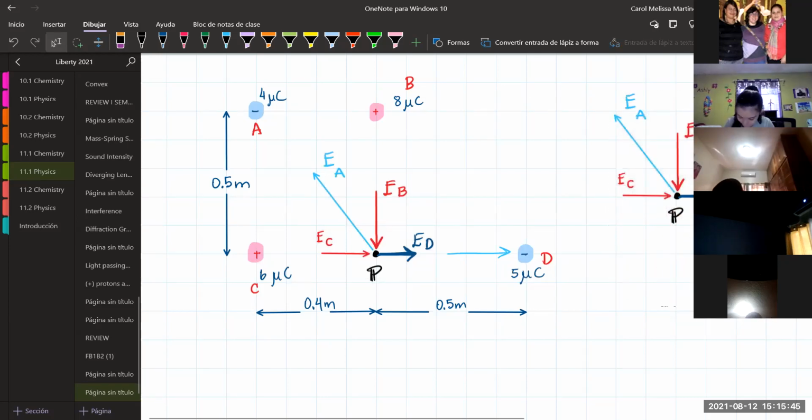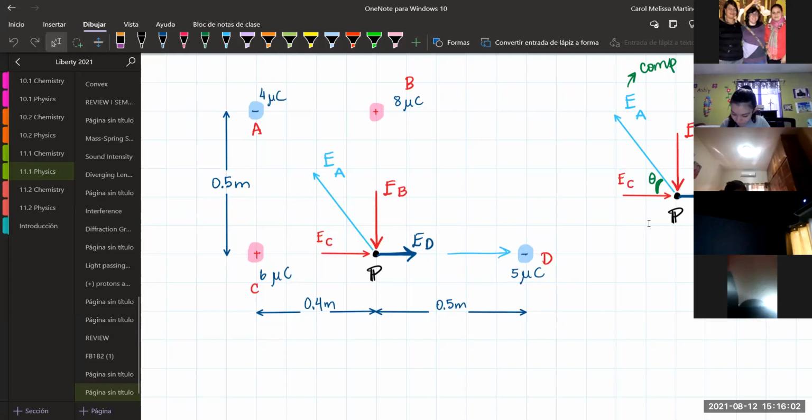So, what do I need? I need this angle right here because I will need to get the components of the electric field A, because that's the only arrow that has components.